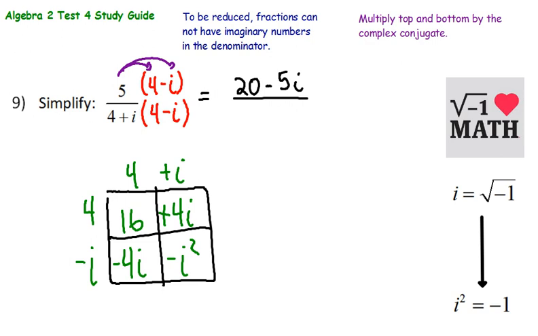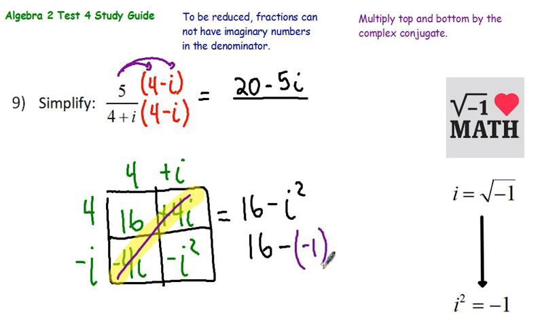Because we've done this quite a few times throughout the course of the study guide. So let's cancel that out, which is good, right? That's the whole point of it. Through a little repetition, through a little bit of practice, this stuff hopefully starts to sink in. So 16 minus, but we know that we're not going to write i squared. We know that we're going to write -1. So that really becomes 16, right? The two negatives really becomes 16 plus 1, which would be 17.